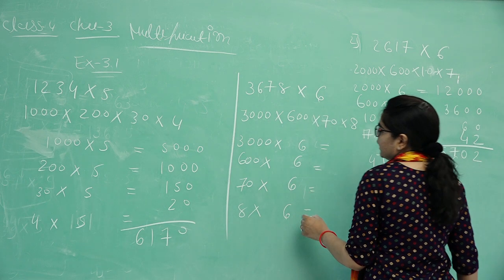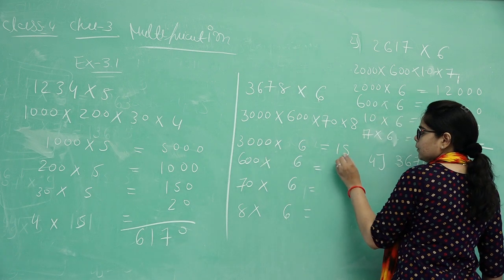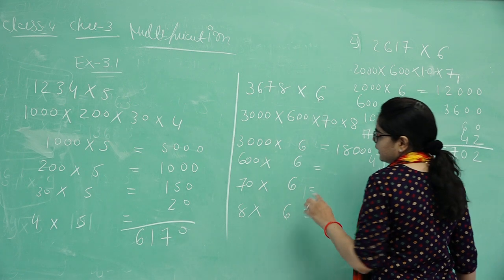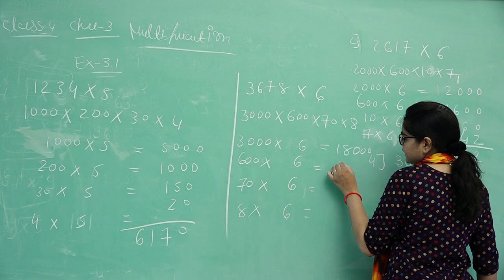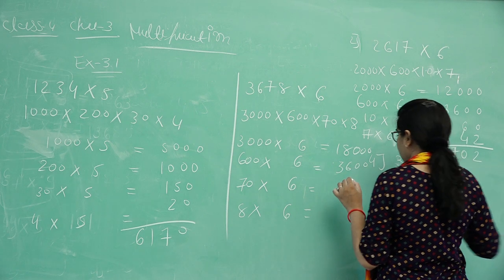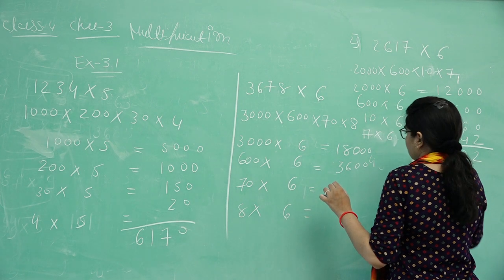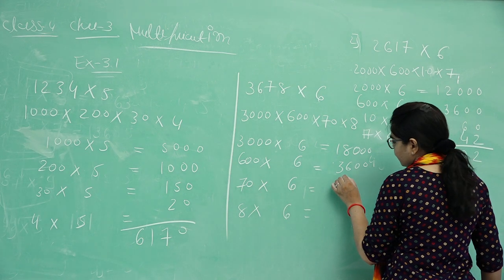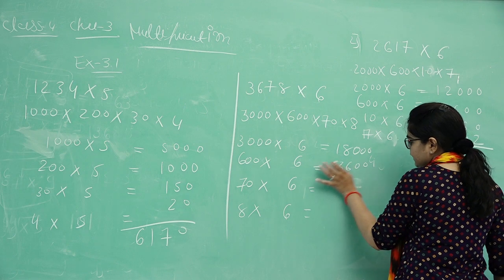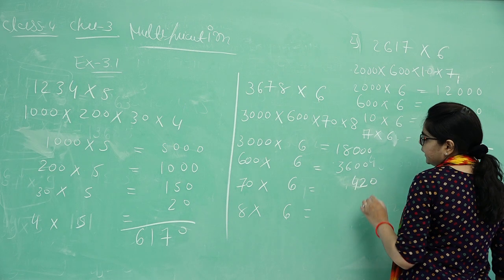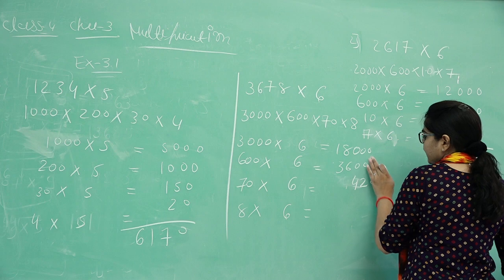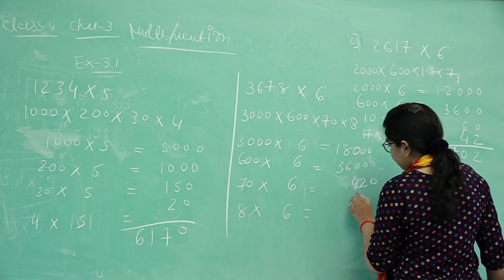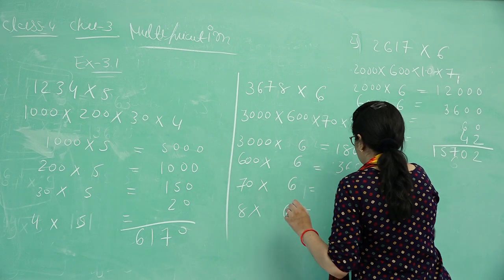Okay. 6 3s are 18, means here 18,000. 6 6s are 36, means 3600. Then 6 7s are 42, then 0 means 420 here. Then 8 6s are 48.